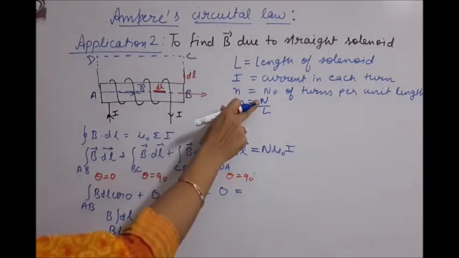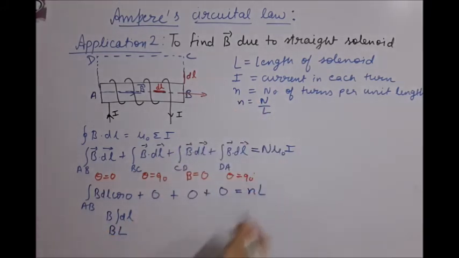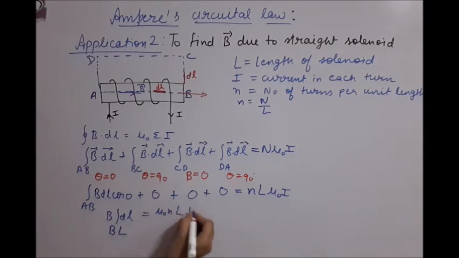So how can I replace capital N here? It will be small n L. So we equate mu 0 n L I. Now you can see we were already having L length on the left, so this L gets cancelled.